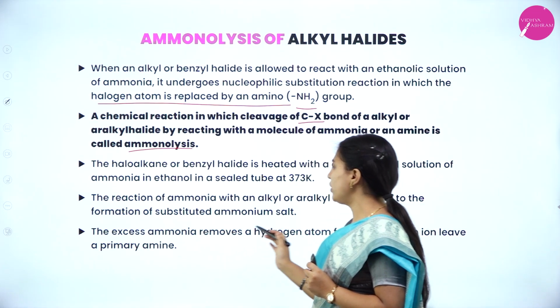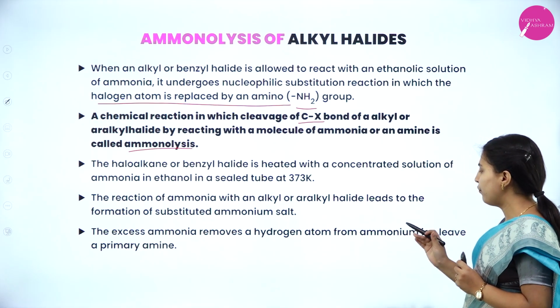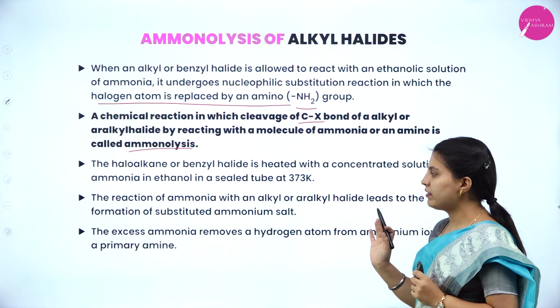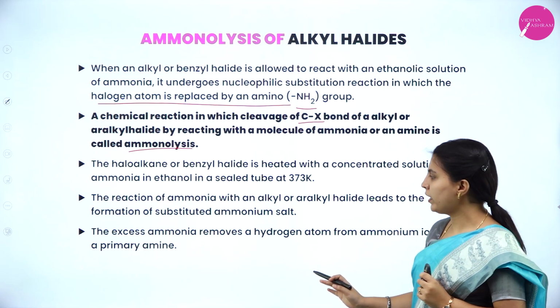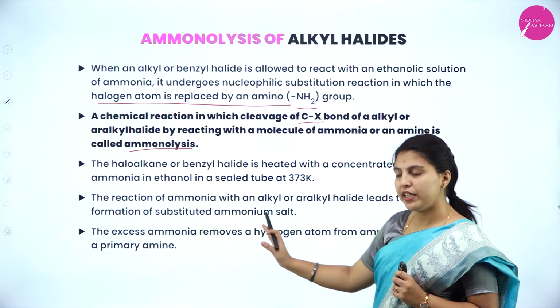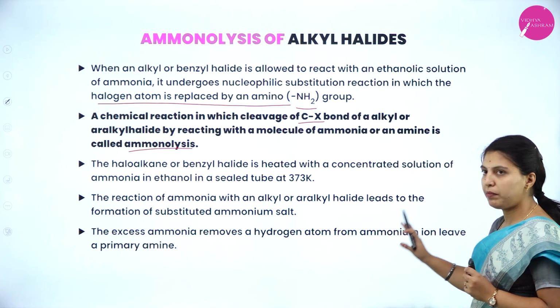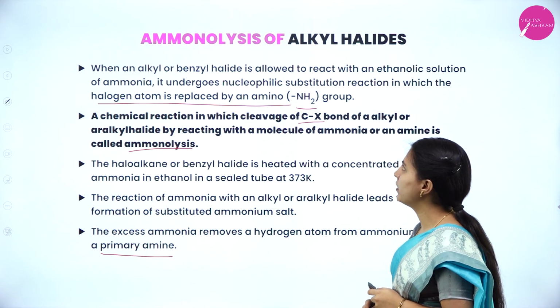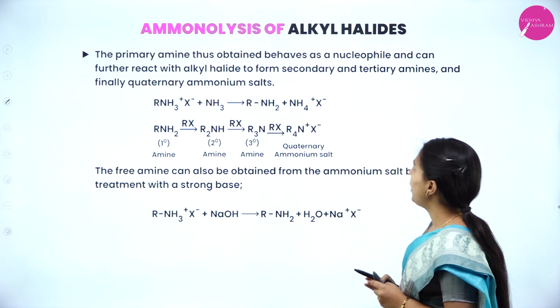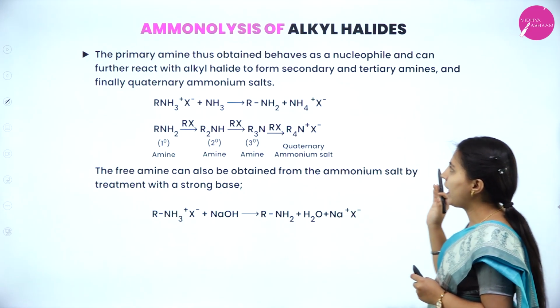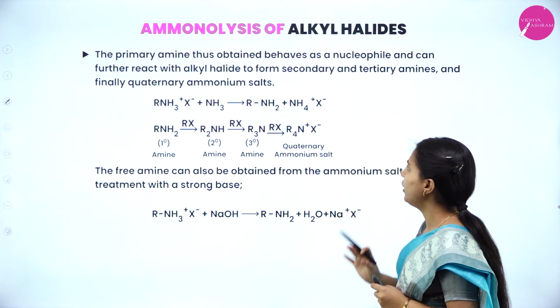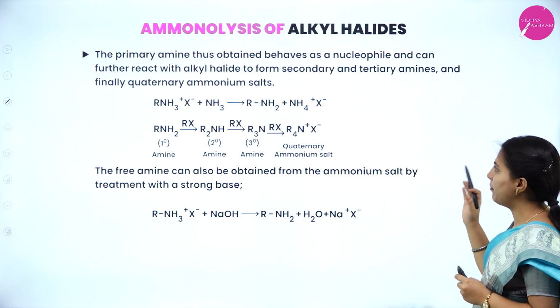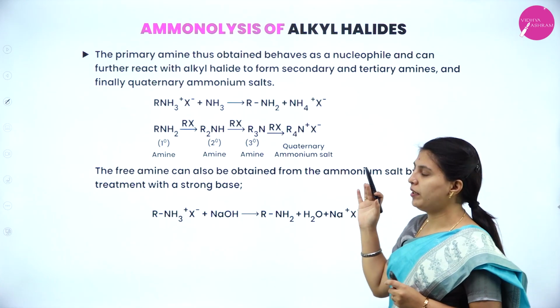The excess ammonia removes a hydrogen atom from the ammonium ion and leaves a primary amine. The primary amine thus obtained behaves as a nucleophile and can further react with alkyl halide to form secondary and tertiary amines and finally quaternary ammonium salts.